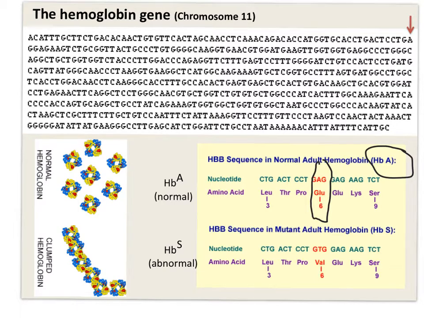And GAG codes for leucine. Or I think glutamine or something like that. Sometimes someone has a different allele. It's a GTG instead of a GAG. And that codes for the amino acid valine.